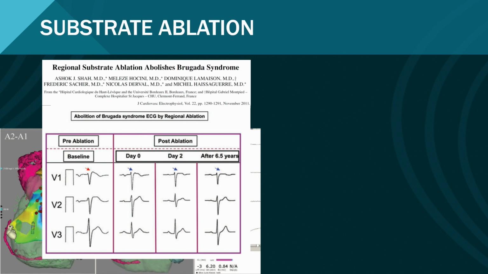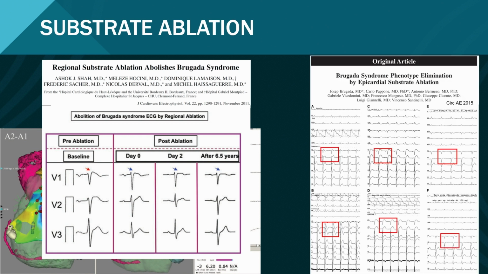The reason is probably that the ablation itself would create quite some inflammation, and you may have persisting ST elevation, probably due to that, and then it flattens out. And Brugada and Pappone also described this phenomenon, which is really interesting.